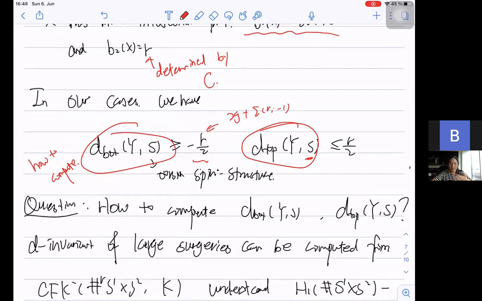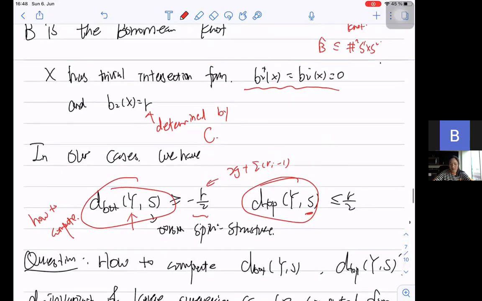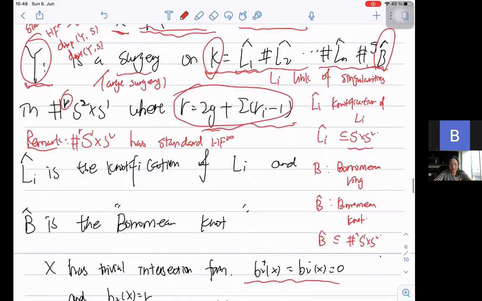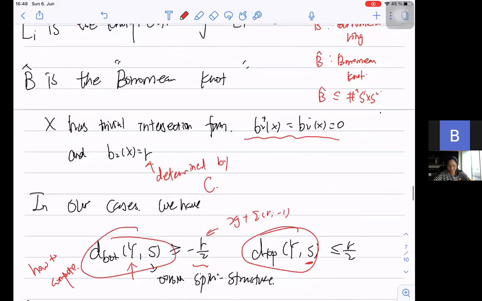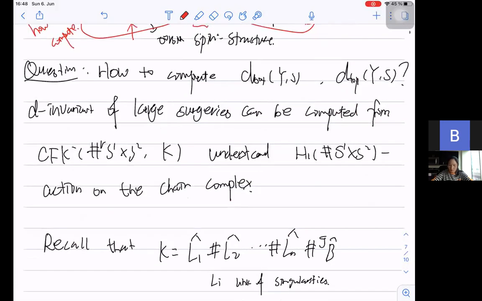So is there an easier way to describe or compute the d-invariant of these three-manifolds? Because we have a nice description for the three-manifold: we describe it as the surgery along some particular knot K in this ambient three-manifold. And moreover, we know it's not only a surgery, actually it's a large surgery. So there's a very convenient way to compute the d-invariant of large surgeries for knots inside S3 or even inside the connected sum of S1 cross S2, as long as we know the whole chain complex.